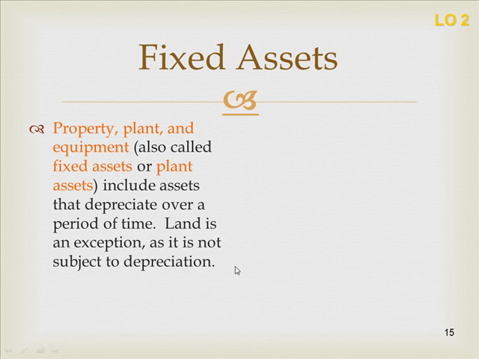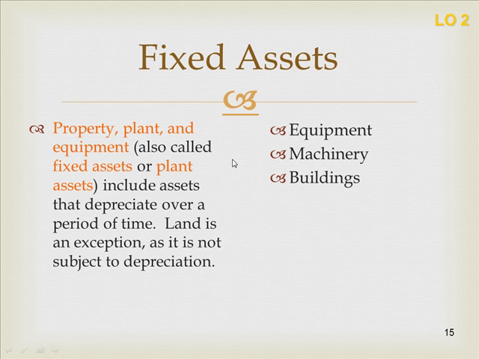Land is your exception. Land never depreciates. Keep that in mind. This could end up being a question on your midterm and your final exam. Land does not depreciate. Examples of fixed assets could be equipment, machinery, buildings, land.